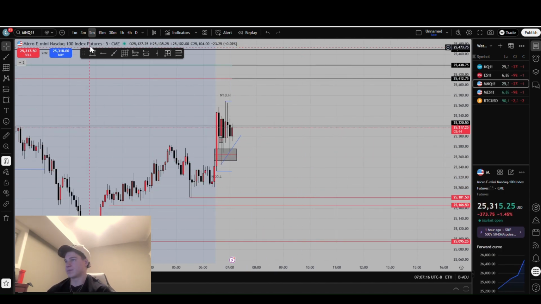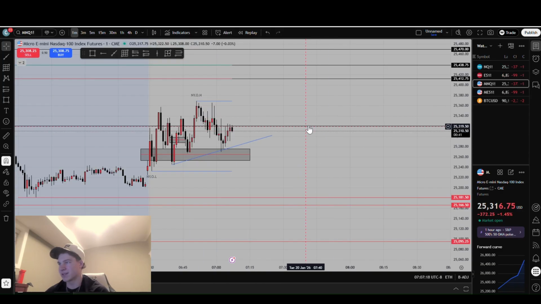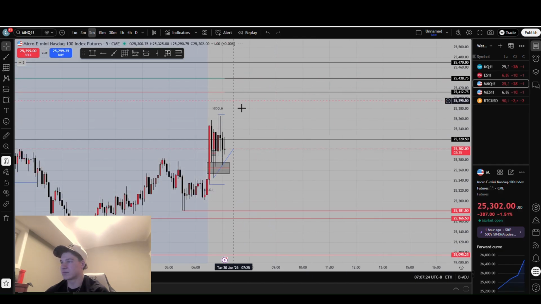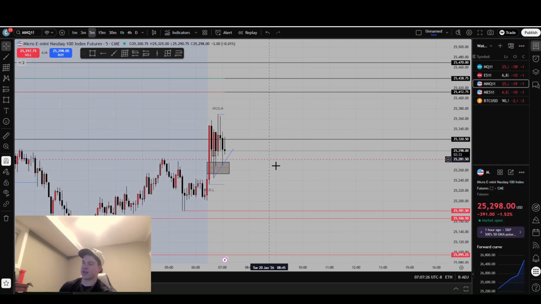Maybe I'll do that. Use tomorrow's risk. We'll see if we can get this SMT, because I am thinking about it. Maybe not the best thing to do. Maybe I'm giving in to overtrading.